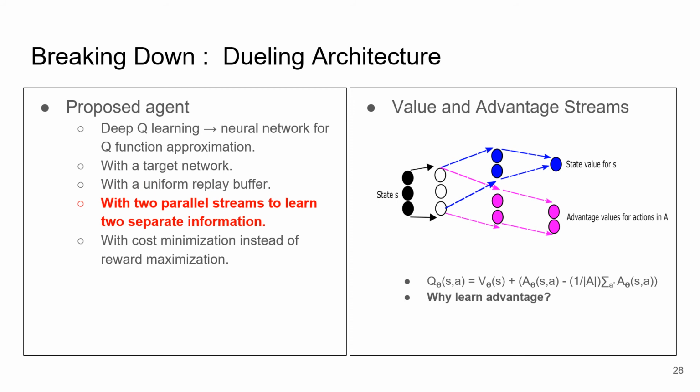We also make use of a dueling architecture such that for each state S, the network estimates the state value and the advantage of choosing each action from the action set before finally giving the Q values of different actions as the output.